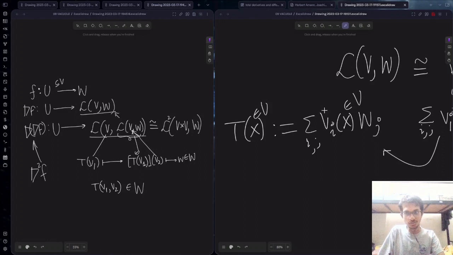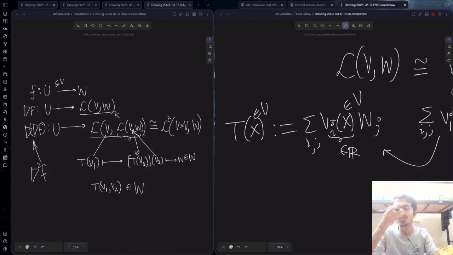This would be a linear transformation because Vi star is linear, and Vi star of x would be just a real number, and I'm scaling the Wj with that real number and adding them up.